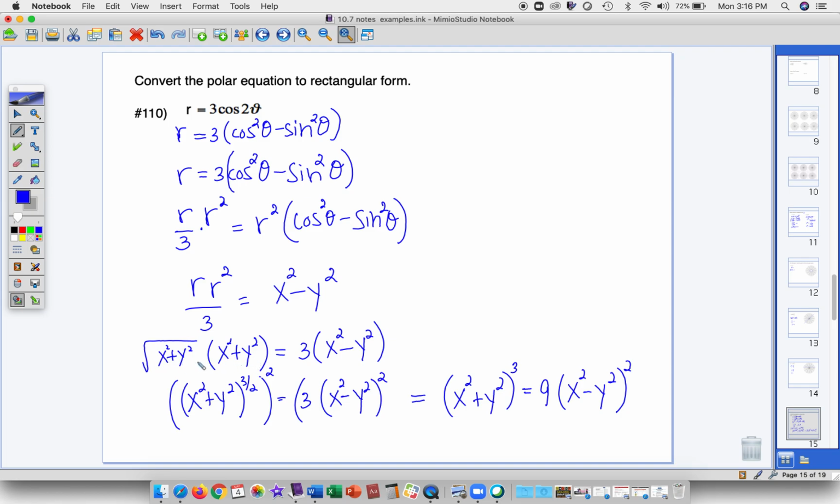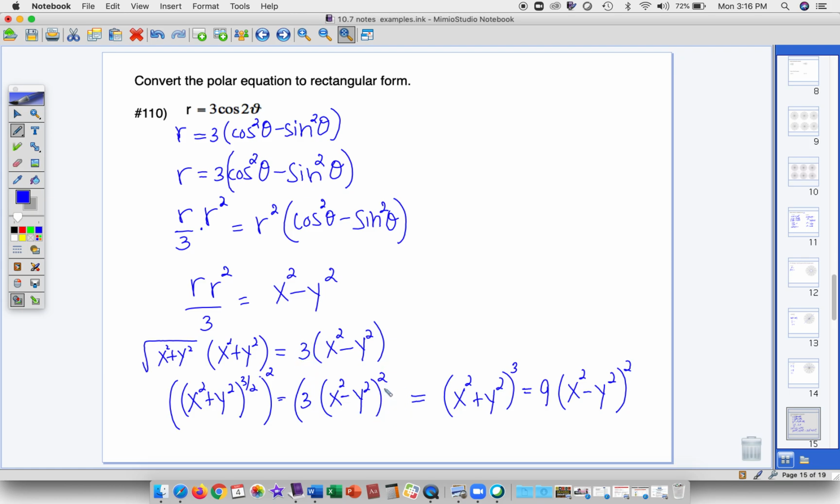So when we multiply these together and add the exponents, thinking of this as being raised to the half, this becomes x squared plus y squared to the 3 halves. I multiplied by 3 at the same time, so now the 3 is over here.